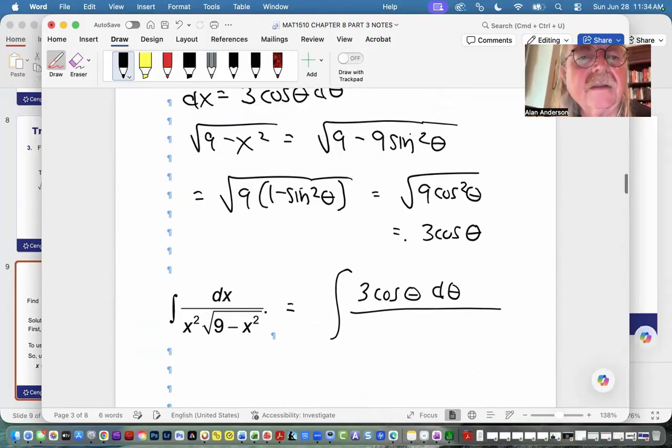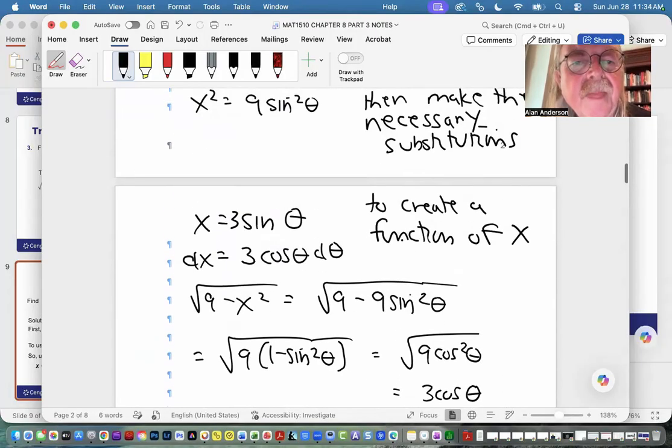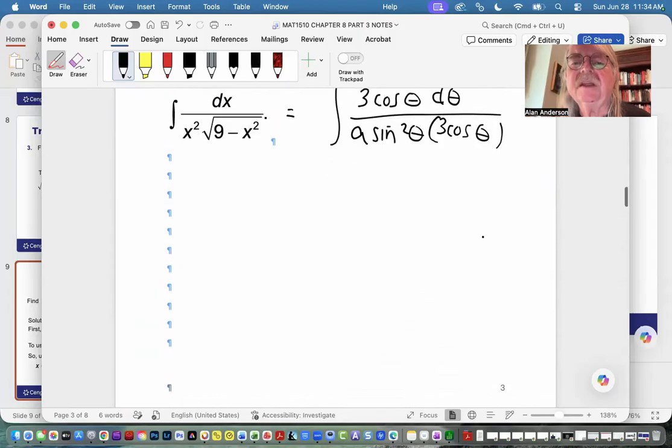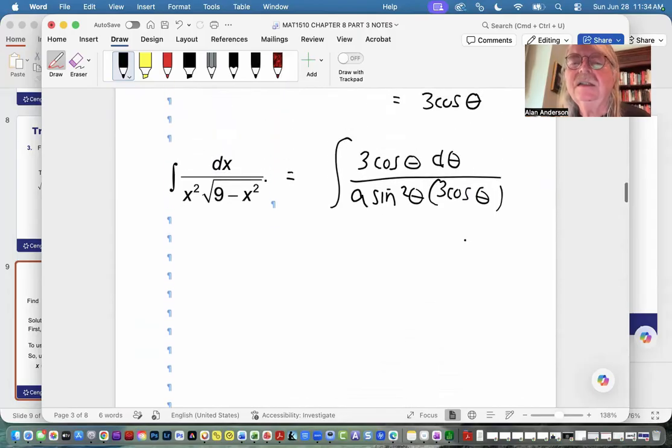X squared is 9 sine squared theta. And this messy square root is actually nothing but 3 cosine theta. All right, now look how simple this becomes because you've got some cancellations.